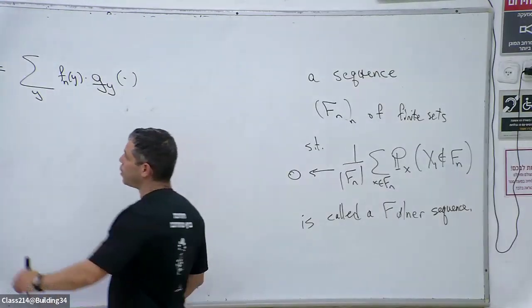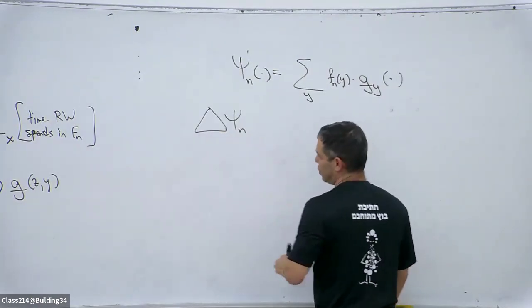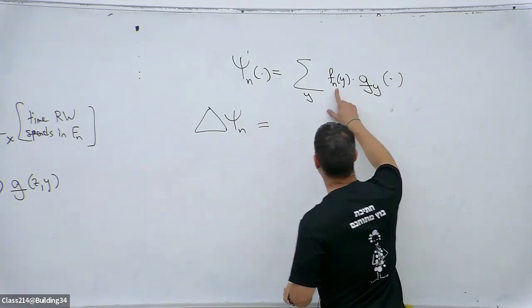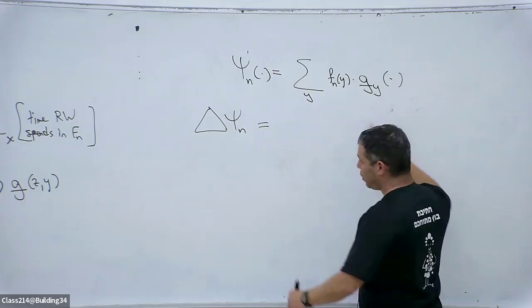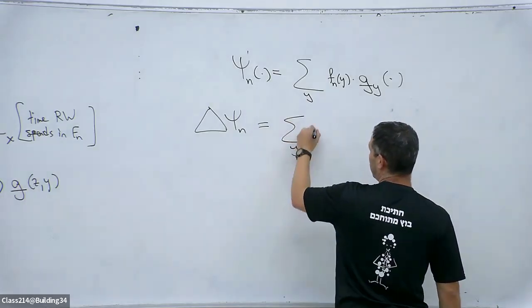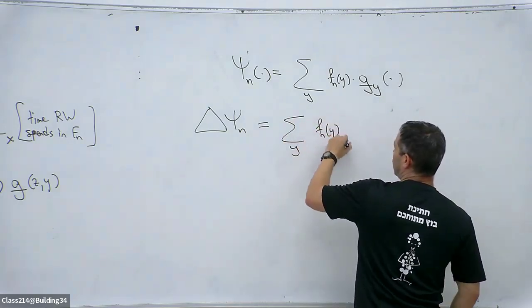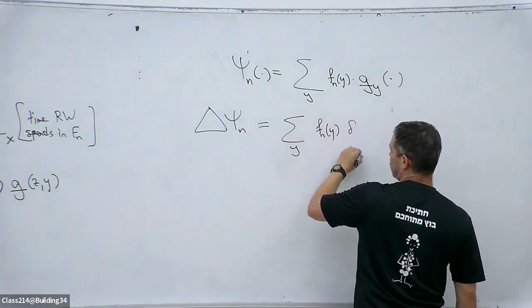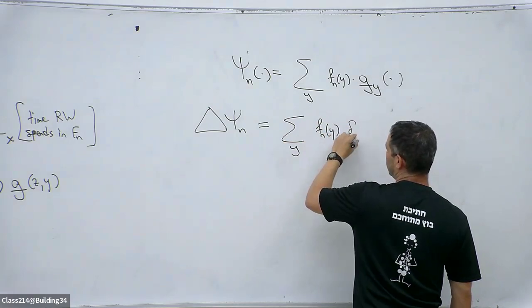So when I apply the Laplacian to this, these are coefficients, it's a linear operator, I bring the Laplacian inside. What I get is the sum over all y of f n of y times the Laplacian of delta y.